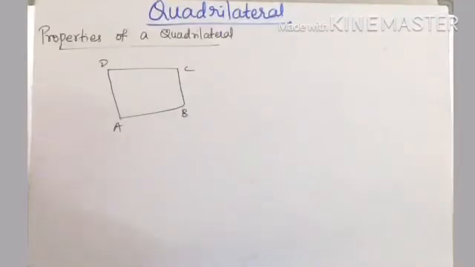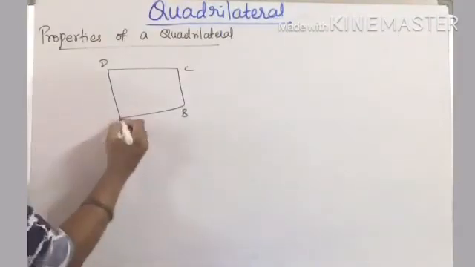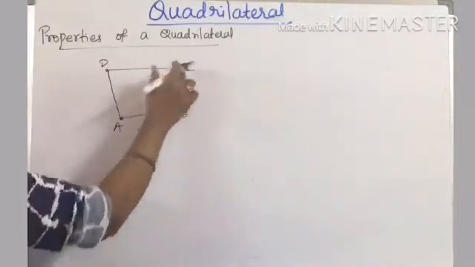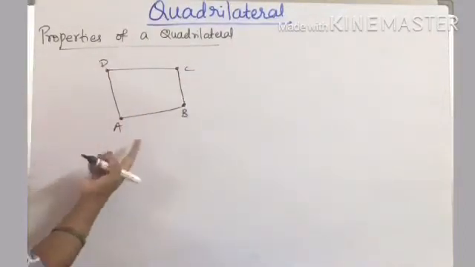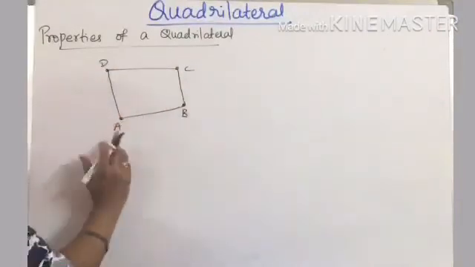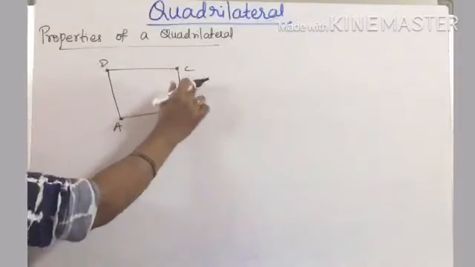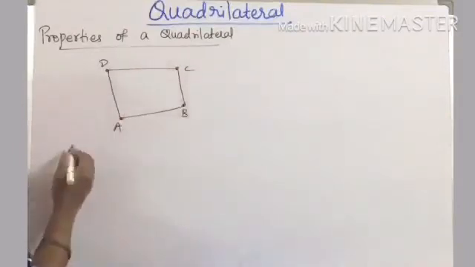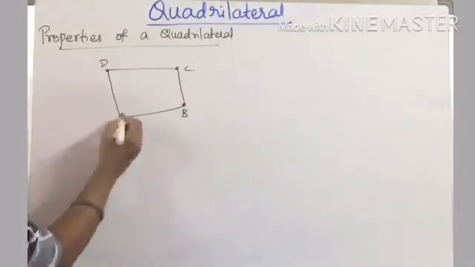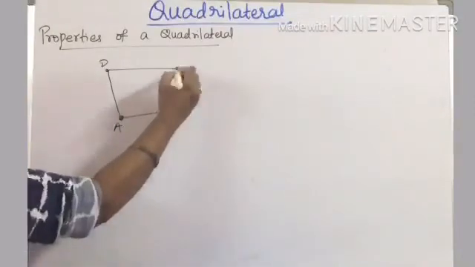Coming to properties of a quadrilateral, children, here this is a quadrilateral. The name of this quadrilateral is given as A, B, C, D, right? How to read this name? A, B, C, D. We should go in a continuous order. You cannot read it like A, B, B, C. Quadrilateral ABCD is the name of this quadrilateral. It has four vertices.